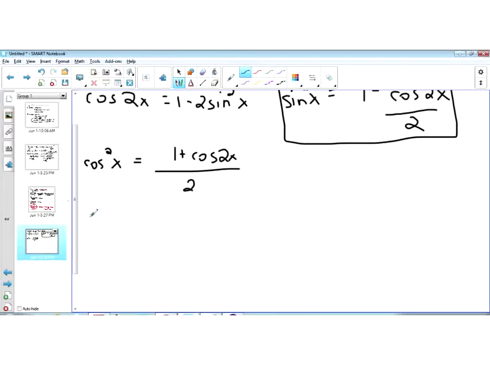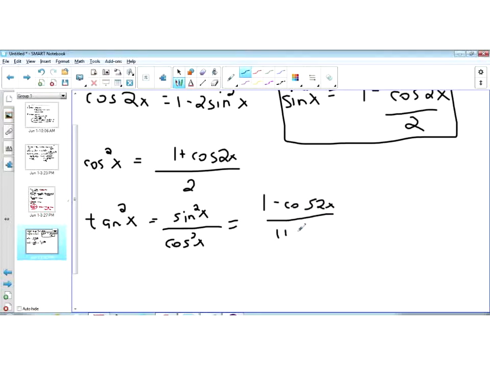Now, the tangent squared of x then is equal to sine squared x over cosine squared x, which is equal to 1 minus cosine 2x over 1 plus cosine 2x. Okay, and we'll use that momentarily as well.